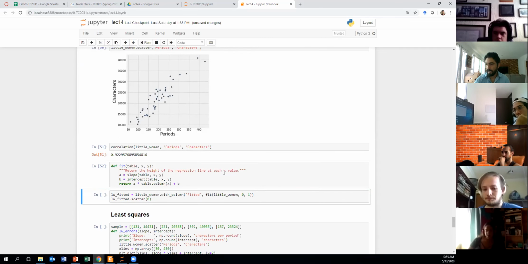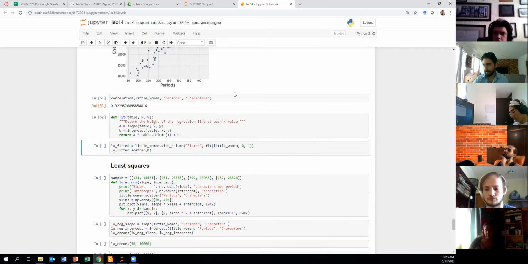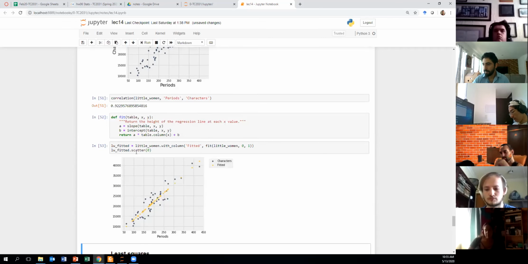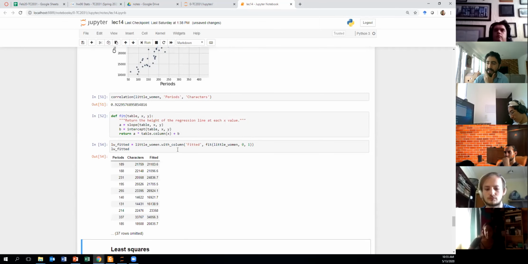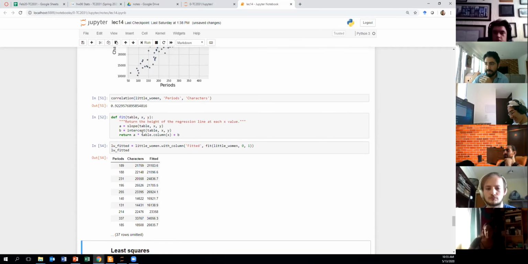So I defined this function fit, which returns the height of the regression line at each x value. I want to draw a regression line here. Okay, let me show you before this one. What I did here, I have this table, and using the equations that I showed you earlier, the slope and intercept, I calculated my values.